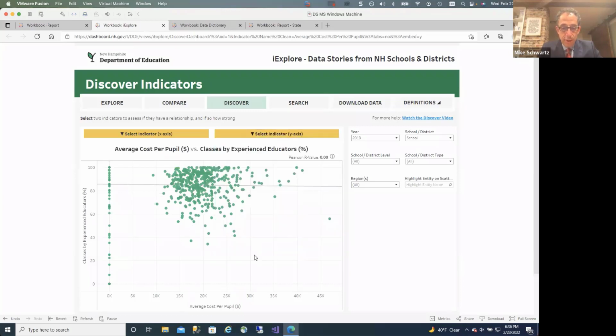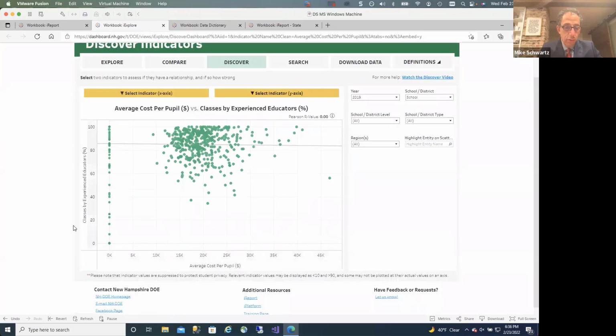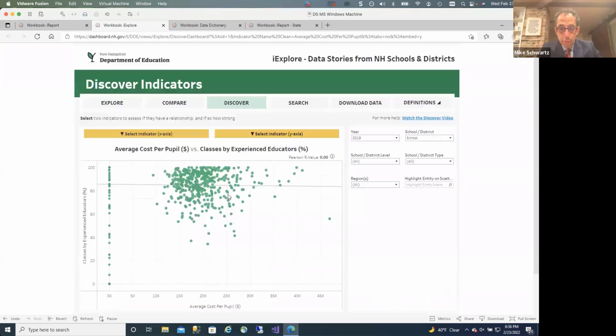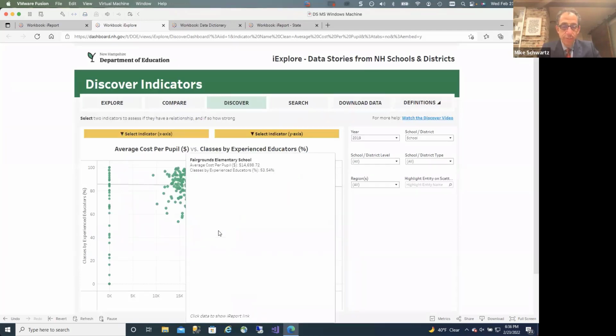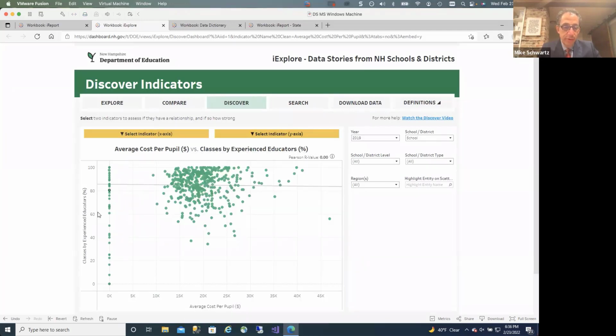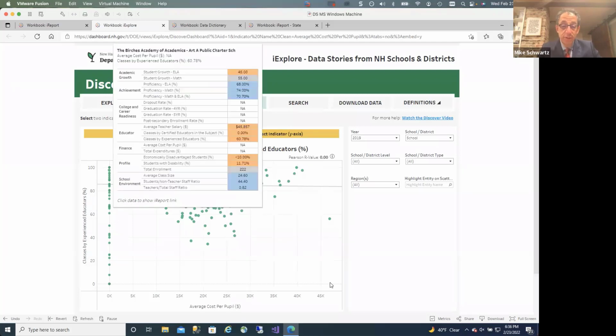Here we are looking at those indicators: cost per pupil, and the experience of teachers. And in fact, we see that there's no R value. So there's no relationship between the cost per pupil and the experience of educators. I suspect in part because the differentiation between the experience is probably not big enough. But this lets you look at two different variables. We could look at experience versus achievement in some area as well.